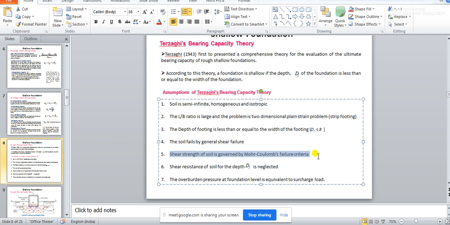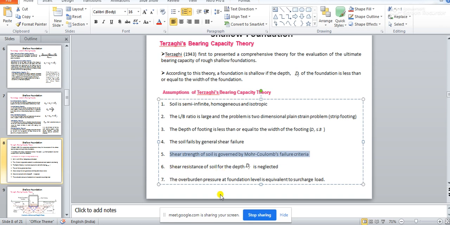That straight line equation is tau is equal to C plus sigma tan phi, and that is actually your shear strength of soils governed by Mohr-Coulomb failure criteria. Okay.